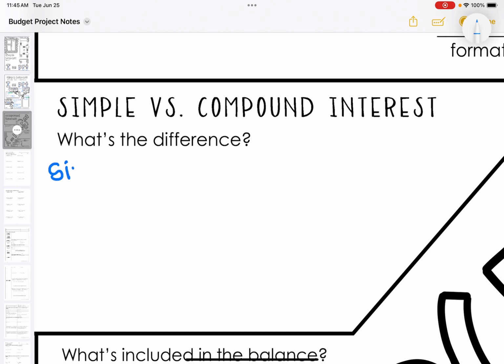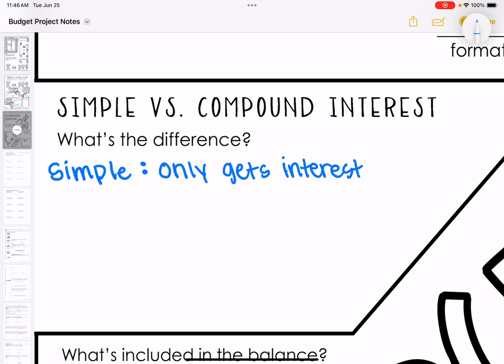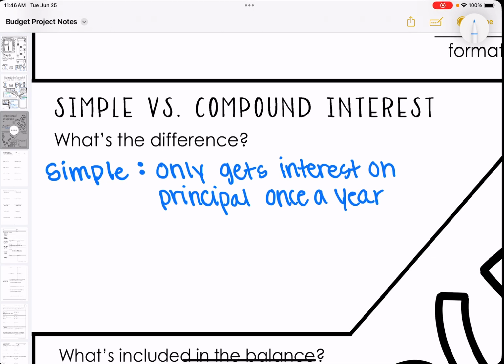So we're going to say simple interest, cannot spell principal. So only gets interest on principal once a year.